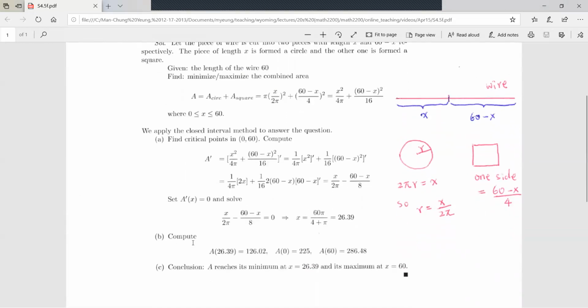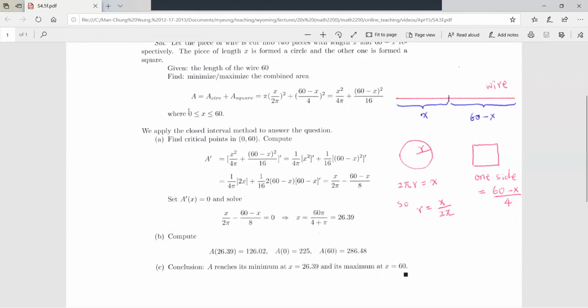Compute function values at the critical point and also at the two endpoints. Function is here. This is the function. Now plug in 26.39 for x here, then we get the function value at the point is this number.